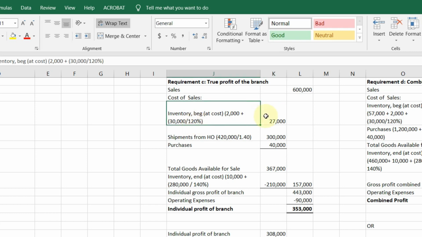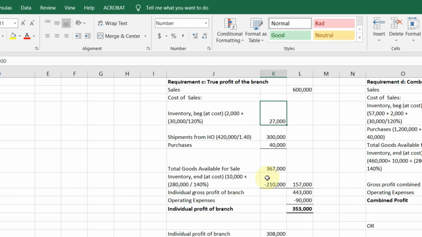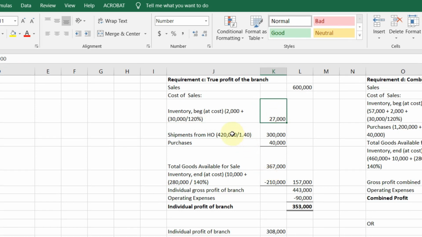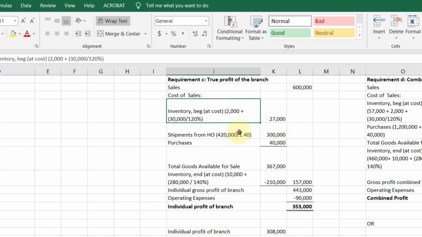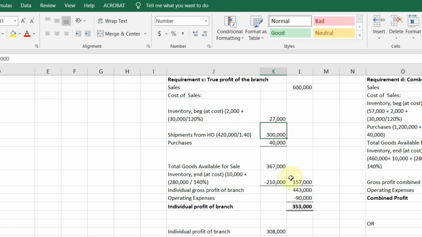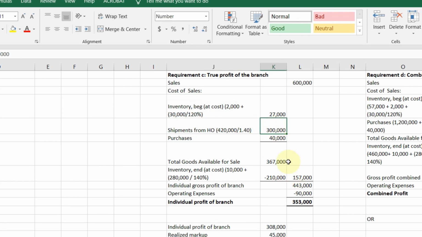So 2,000 plus the quantity of 30,000 divided by 120%, you'll get 27,000. Okay? Shipments from HO, divide mo lang siya na 1.40. Okay? Hindi 120 ha? 1.40. So you'll get 300,000. Okay? O kaya naman, ilagay mo na lang 300,000 kasi kita mo naman yung from home office, di ba? Na shipments to branch, 300,000 na lang ilagay mo.